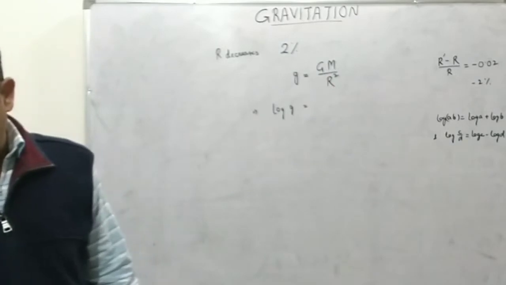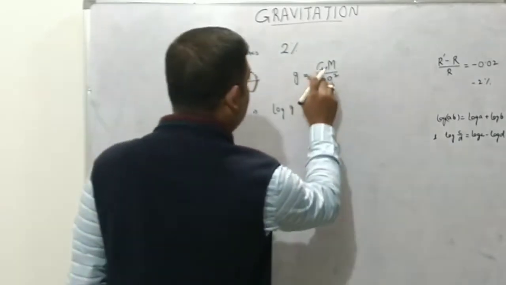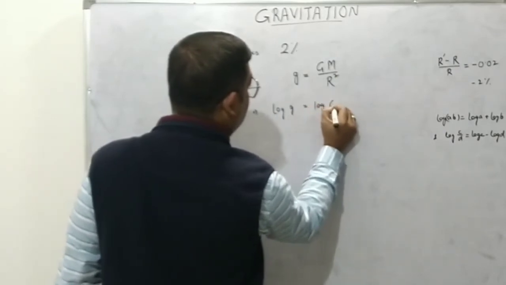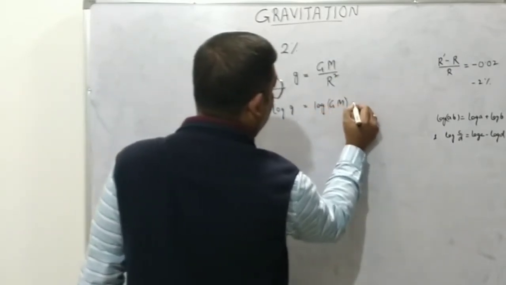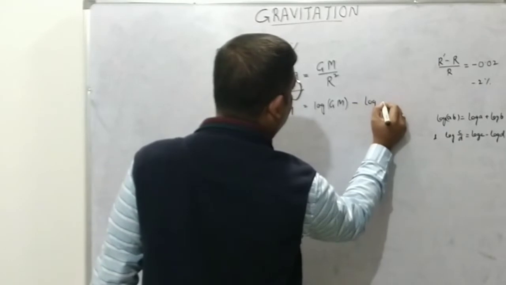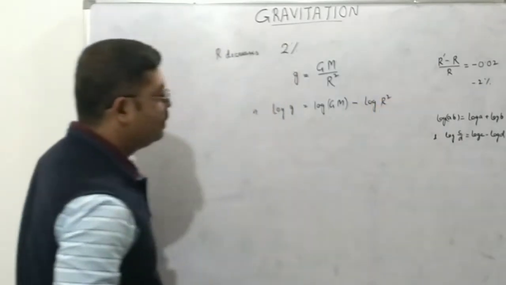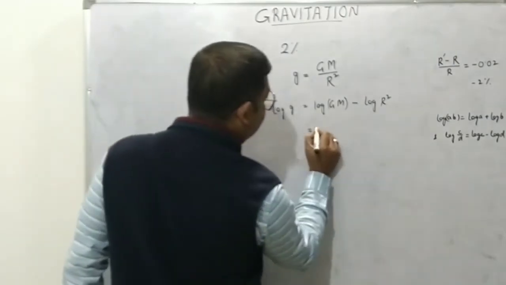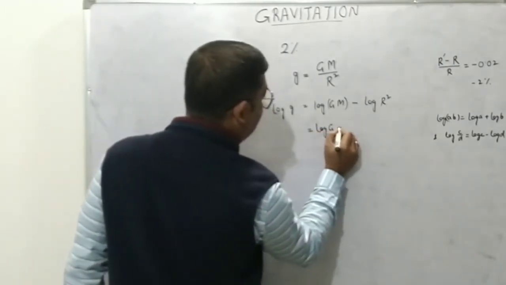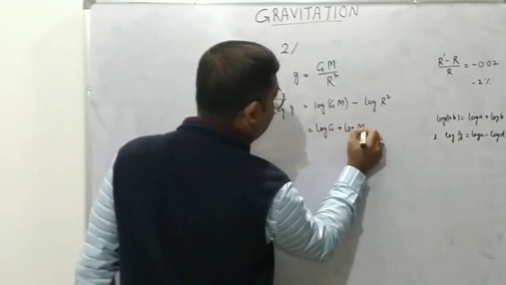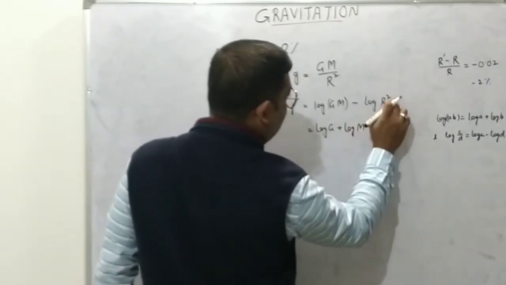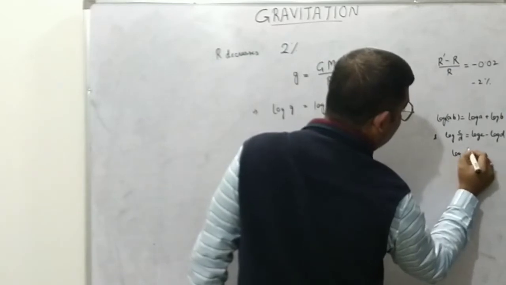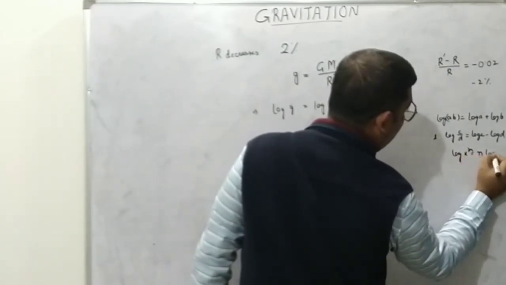So we will make use of both of them and say the numerator part will be log of GM minus log of r squared, which will be log of G plus log of M minus again log of r squared. And log of x to the power n is equal to n log x.